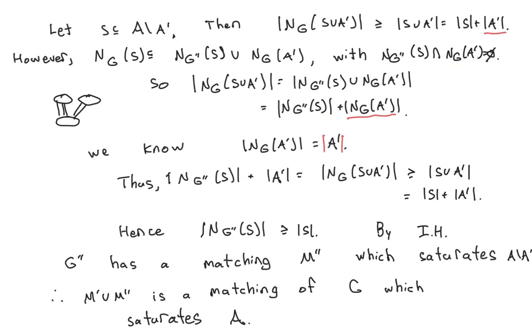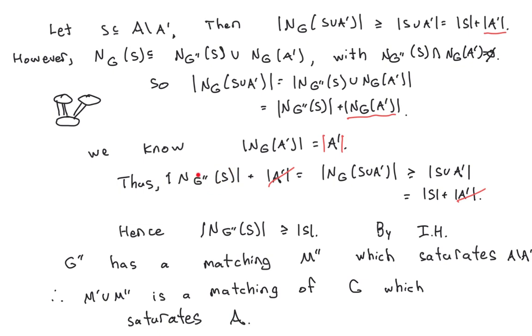And so we can cancel this number out from both sides. Thus we get that the size of the neighborhood of S in G double prime plus the size of A prime is at most the size of S plus the size of A prime. This is just putting these inequalities together, and we can cancel these two. And what do we see?